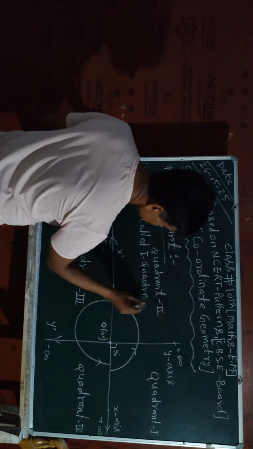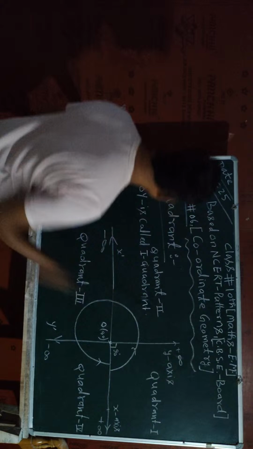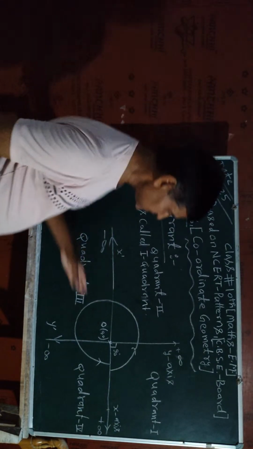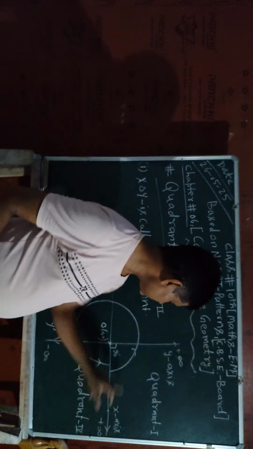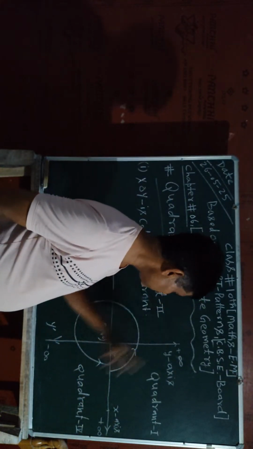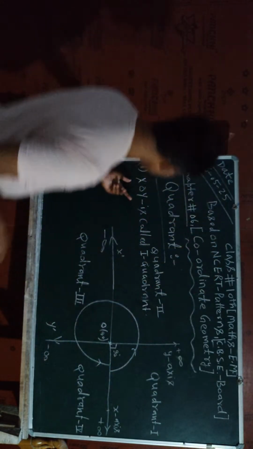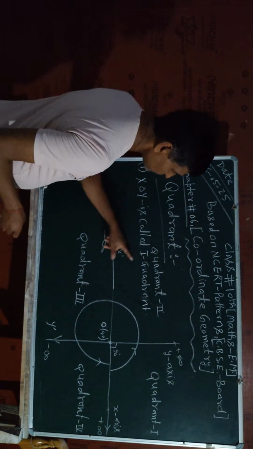Here this is the x-axis, I am writing x, this is the origin o, and this is y. x o y is called the first quadrant. So here I will write x o y is called the first quadrant.